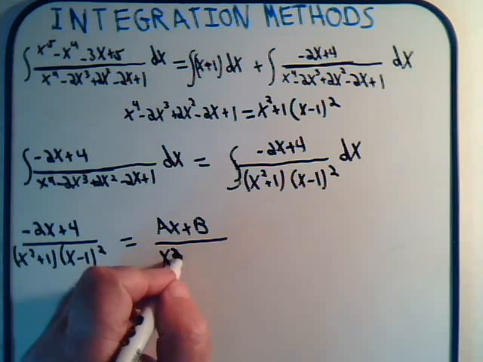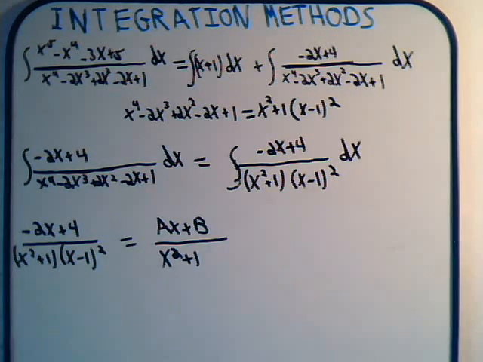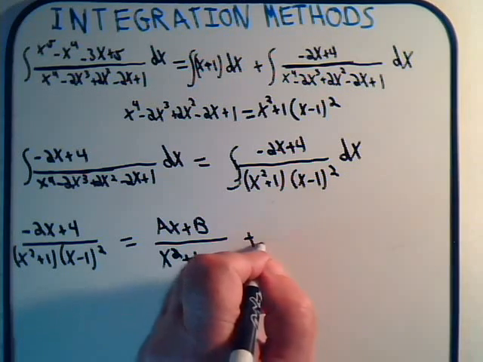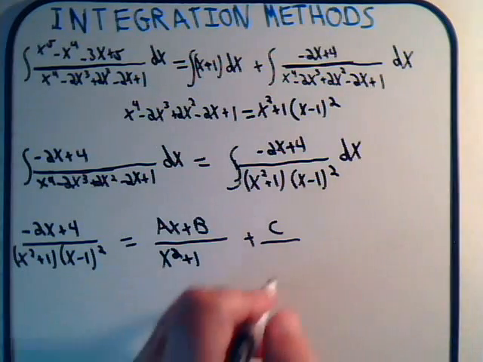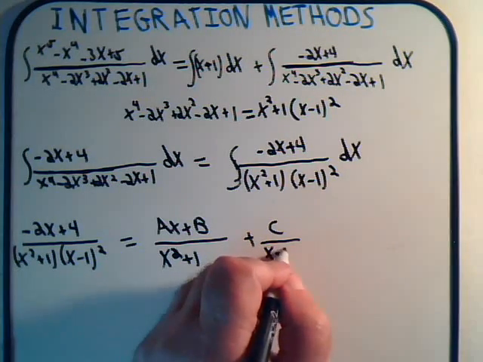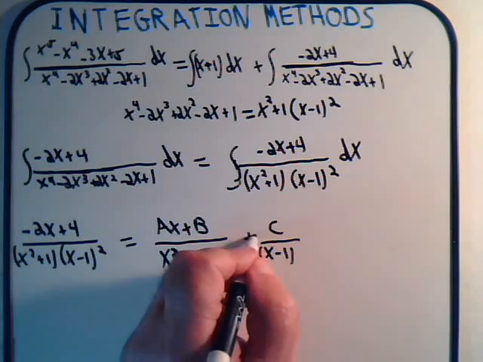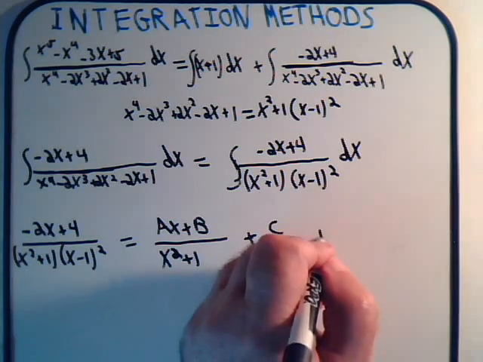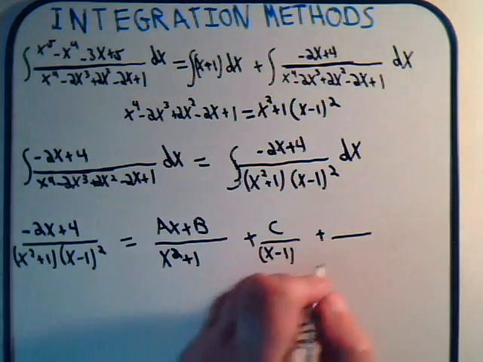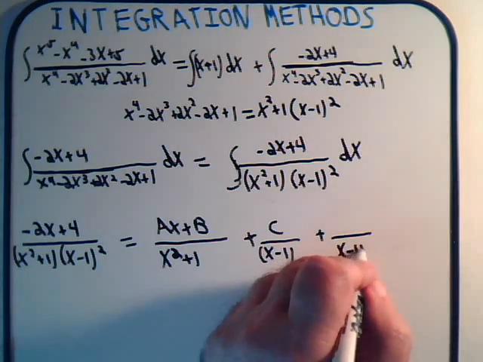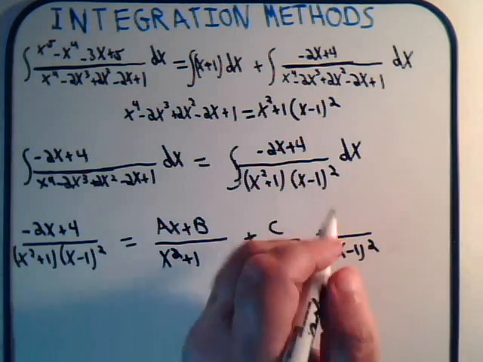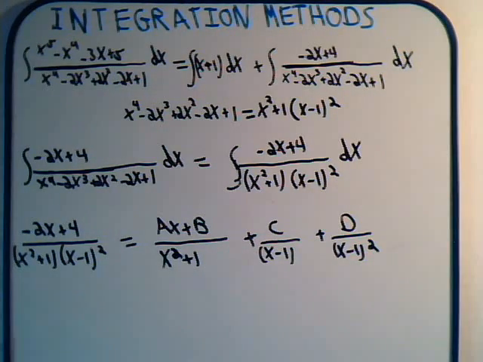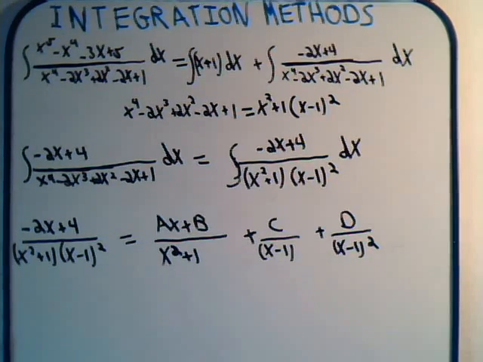And again, we explained this in our introductory video on partial fractions. And then this is a linear factor, but it's squared, so we're going to have plus another constant, call it c, over x minus 1, and then plus another constant over x minus 1 squared. And we'll call that d.